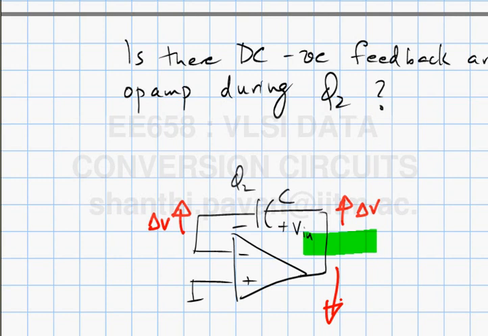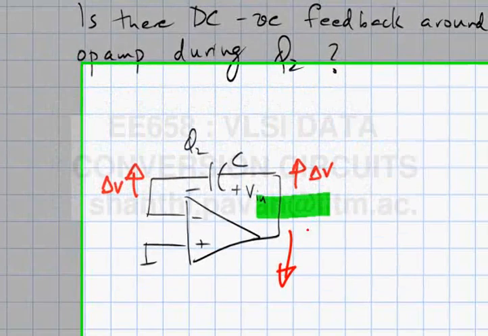But if that is true, if I yanked it up and held it for a long time, if there was no DC feedback, eventually the output of the op-amp should come down to 0. But clearly you see that if I could yank the right end of the capacitor up by delta V and hold that for any amount of time, the output of the op-amp will not change at all, right? It will be minus A delta V. So there is definitely DC negative feedback.